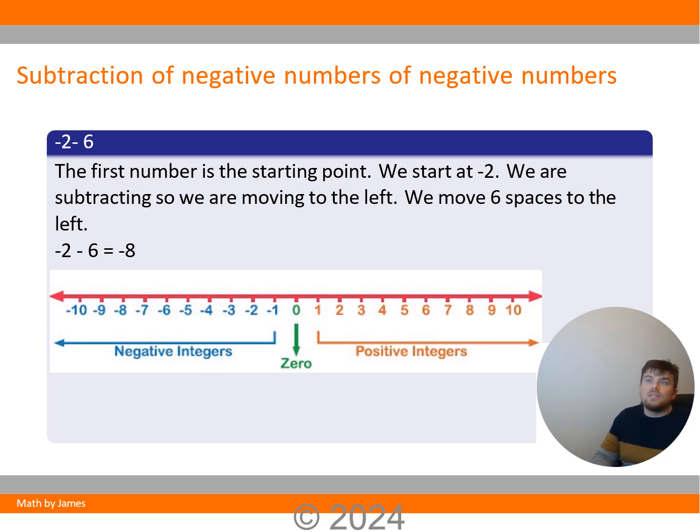Here we've got minus 2 minus 6. So minus 2 minus 6 gives us minus 8. The first number is the starting point. We start at minus 2. And then we move 6 spaces to the left because we're subtracting here. So let's highlight along in orange.